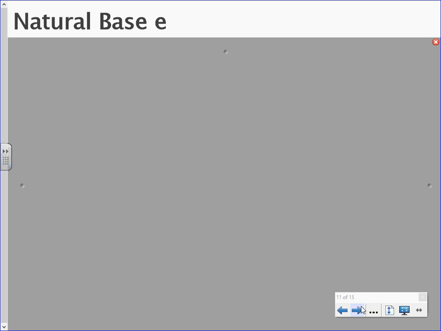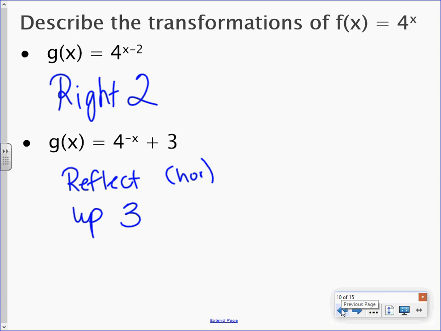Did you have a question? So unlike the last one with the negative x, that's not a reflection in the y-axis. Yeah, and what she said is horizontal, which is the same thing as reflecting over the y-axis. The y-axis is vertical, but when we reflect it, it's the horizontal values that change.